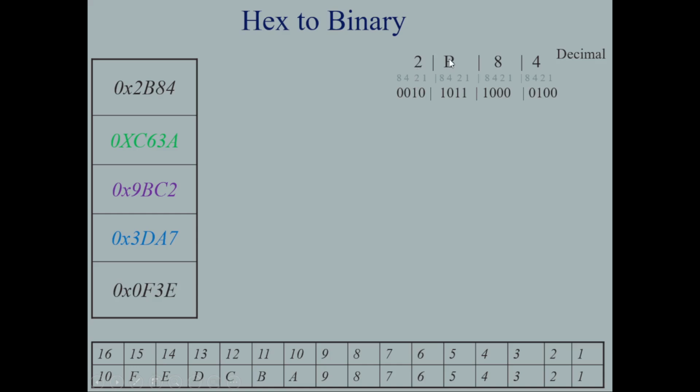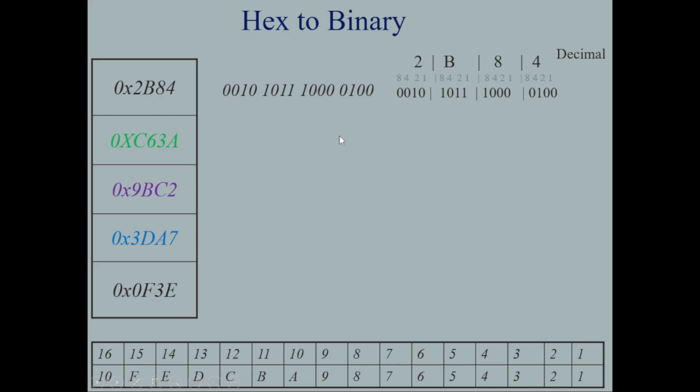B is 11. You write 11 in binary, 1, 0, 1, 1, right? 8 in binary is 1, 0, 0, 0. And 4 in binary is 0, 1, 0, 0, right? So once you have this, you just put these numbers together, and it gives you the binary equivalent.